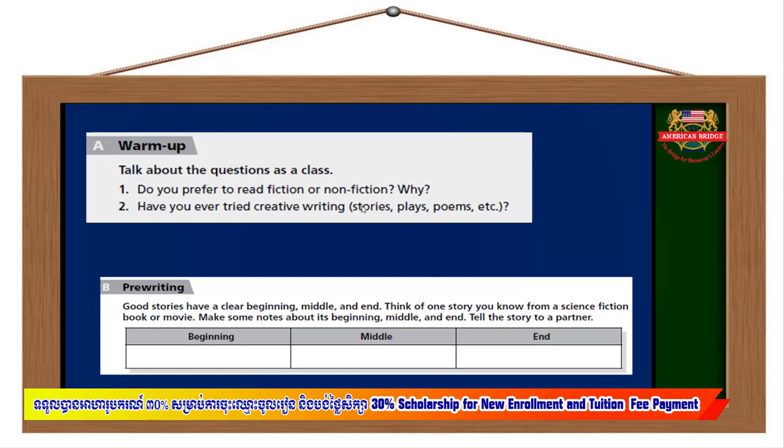The supporting details can be three or four or more. The topic sentence controls the thought of what you are going to write about. And at the end is your conclusion in the story.